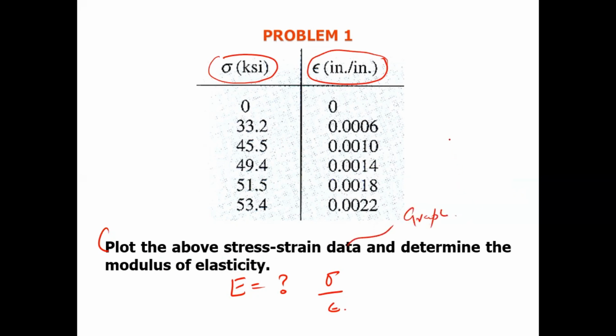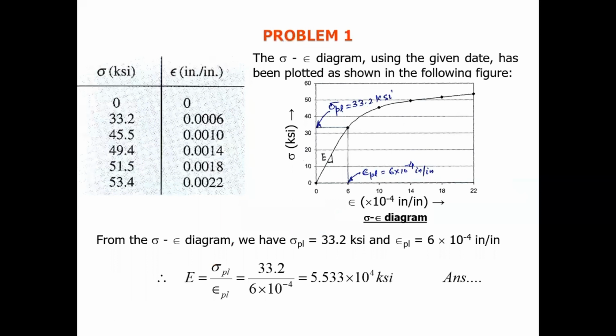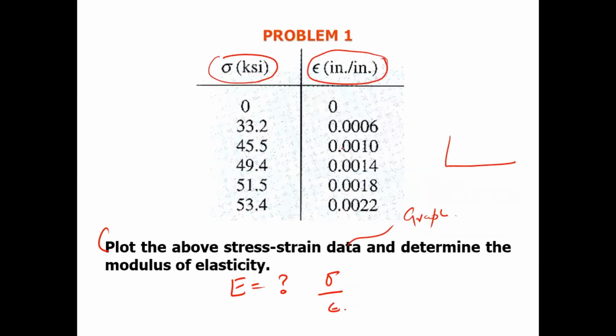But by plotting the stress-strain data, we have to make a graph. To make a stress-strain diagram, it is already drawn, but I will tell you how to draw it. Suppose this is 0, this is stress, and this is strain. The first value is 0 and 0.